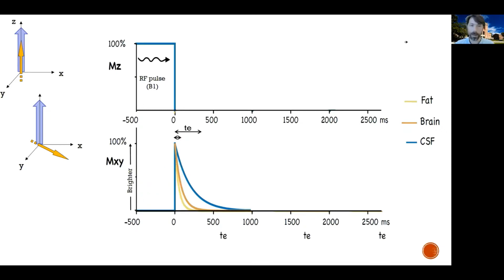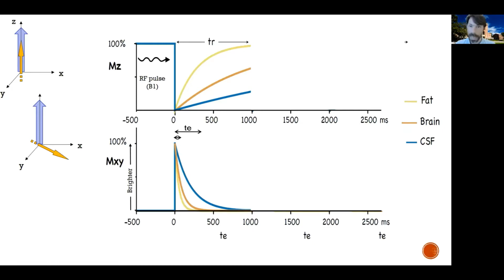And so if you look at the top graph, you're going to see that right after the radiofrequency pulse, there's zero projection on MZ because M0 is fully down in the transversal plane. But as we stop the radiofrequency pulse, protons inside different tissues will slowly wobble back up and realign with B0.